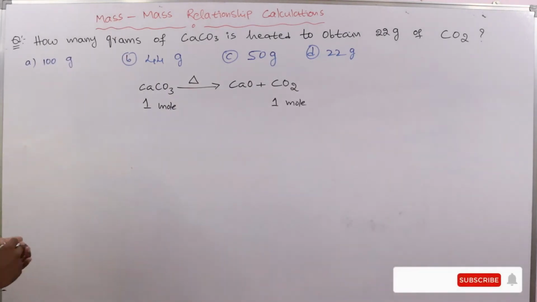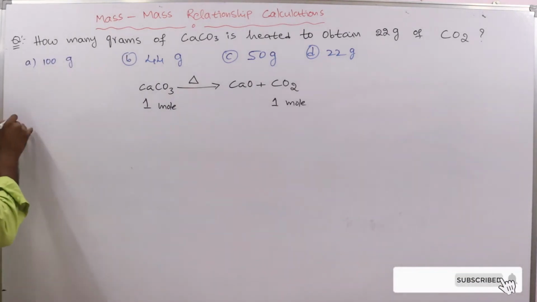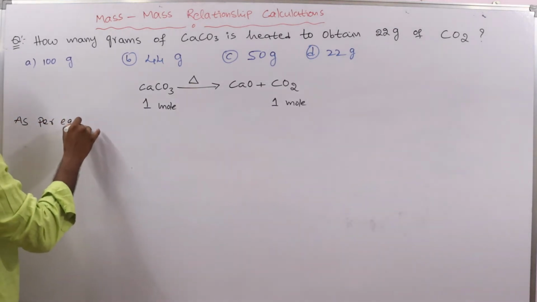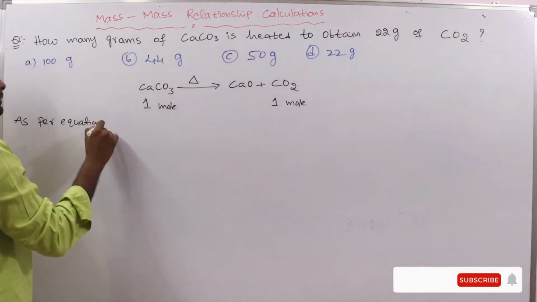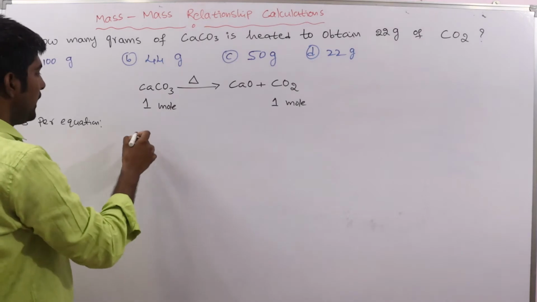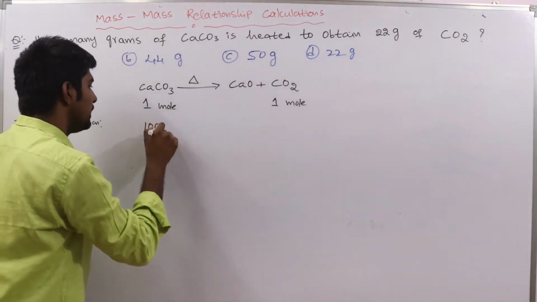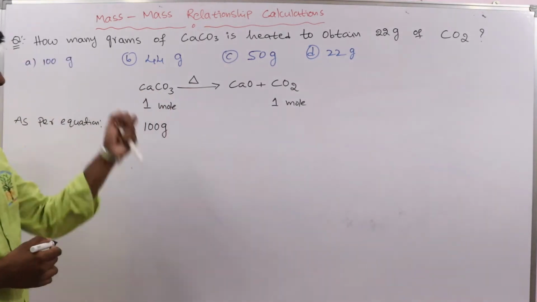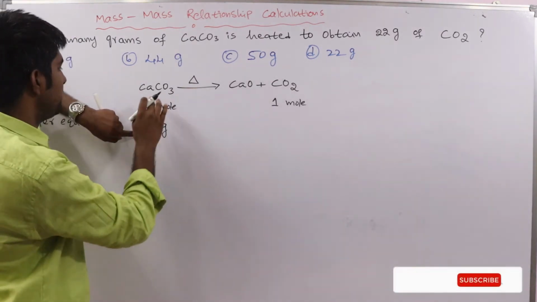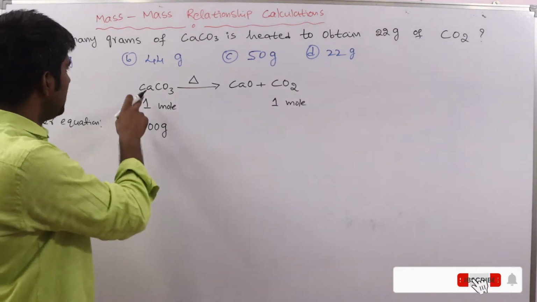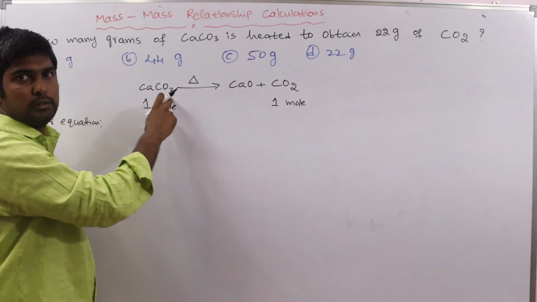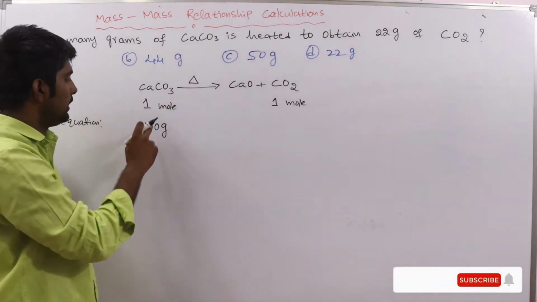Now, here is a simple trick. As per the given equation, 1 mole of CaCO3 is nothing but 100 grams. This is the molar mass of calcium carbonate: 40 for the calcium, 12 for the carbon, 3 oxygens, 3 into 16, 48, total 100.